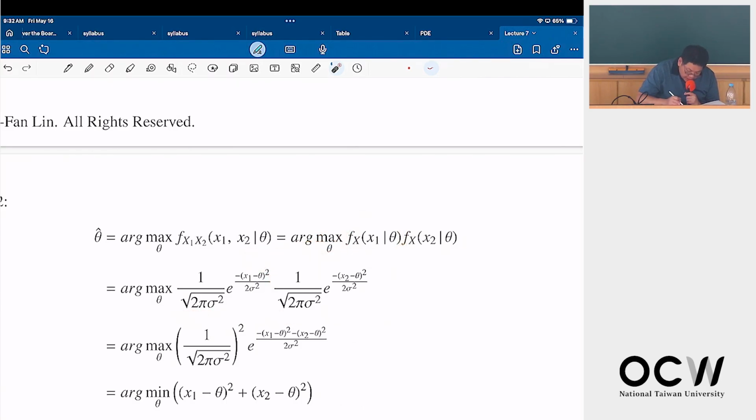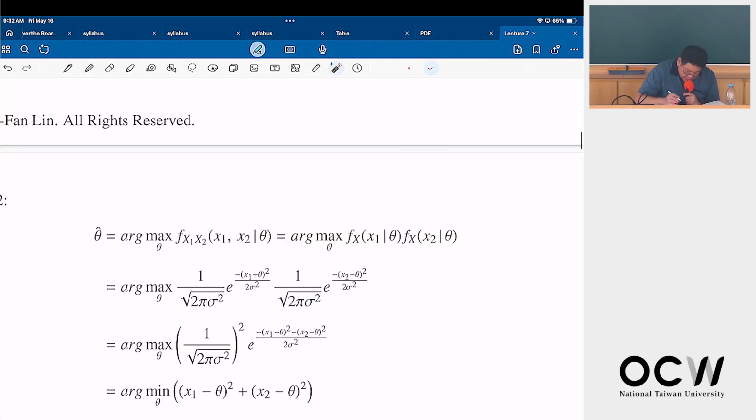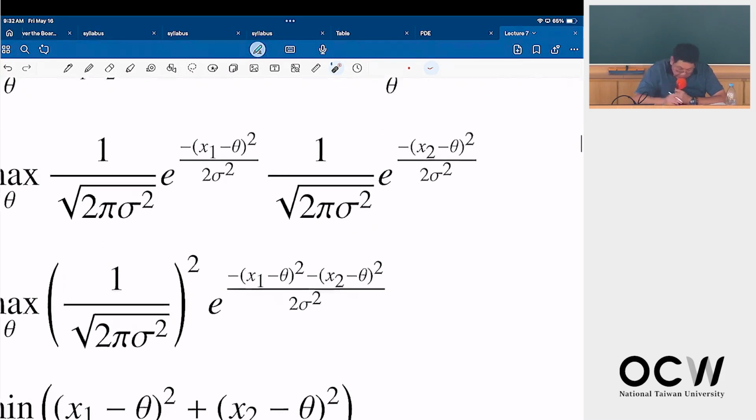In the exponent, the power is minus (x1 minus theta) squared and also (x2 minus theta) squared.